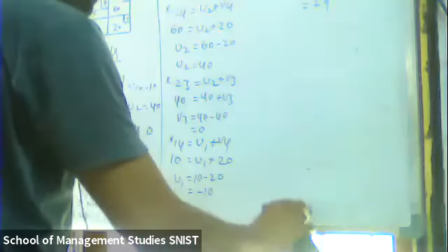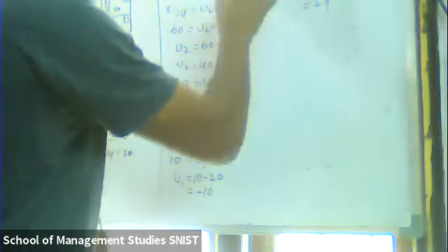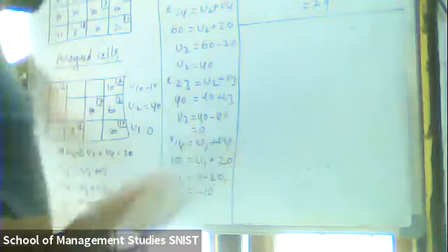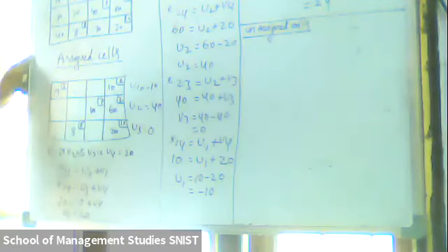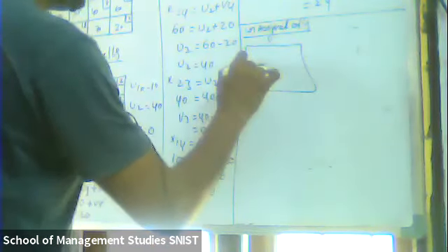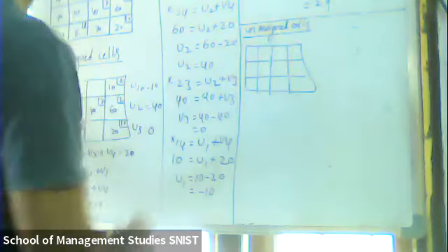What is the next step? Taking unassigned cells. So the unassigned cells I'm drawing here, which is 3 rows, 4 columns.